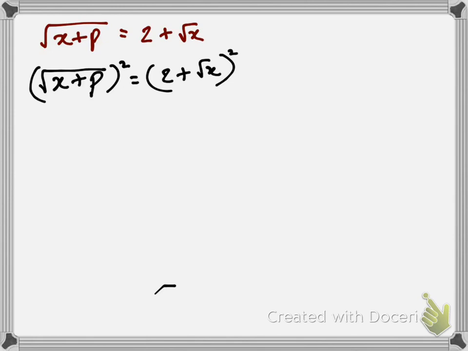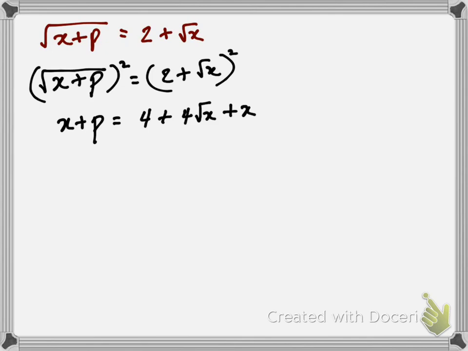The first one, square root and square, will cancel out, so you end up with x plus p. And the square on this side would be 4 plus 2 times 4 root x plus root of x whole thing squared, you end up with x.